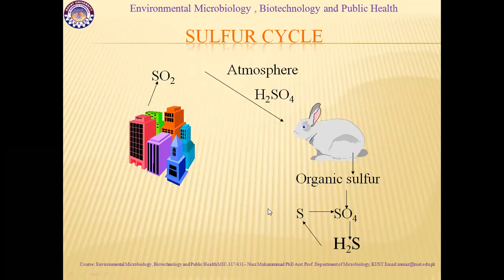So every element goes into its organic form, and by the activities of microorganisms it goes back into elemental form. The middle stage, when the organic form is converting into elemental form, is considered waste material. This waste material is removed by microorganisms to keep the environment balanced for living organisms.